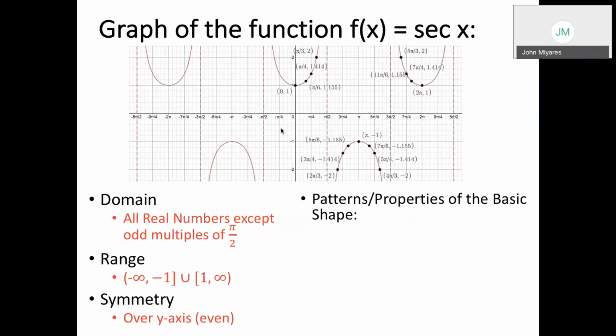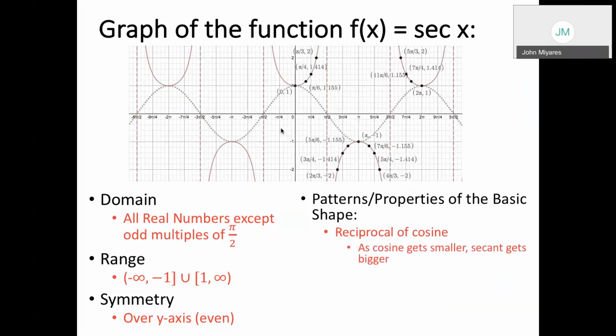Looking at other patterns, the secant is the reciprocal of the cosine, which you may not see much of a connection to until I insert a graph of the cosine with the graph of the secant. Notice when the cosine equals 1, the secant will also equal 1. As the cosine values decrease towards 0, the y values for the secant graph are spiking towards infinity.